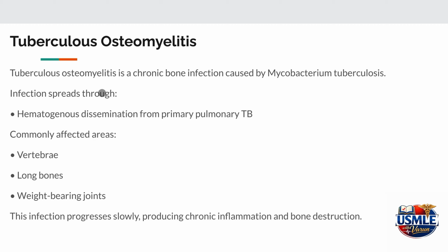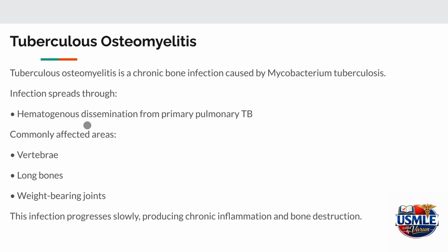Now we'll discuss tuberculous osteomyelitis, which is a chronic bone infection caused by Mycobacterium tuberculosis. Unlike acute bacterial osteomyelitis, tuberculous infection usually develops slowly and progressively.